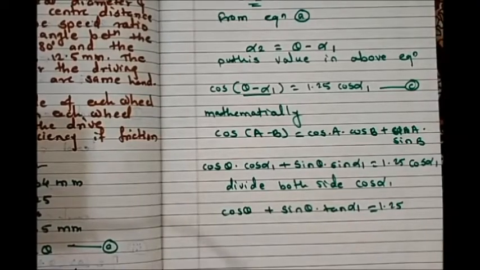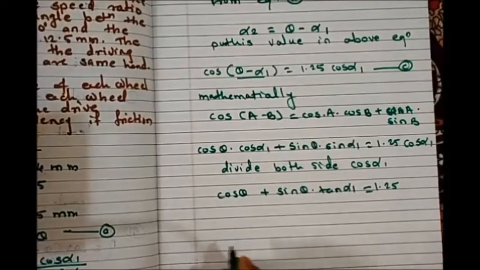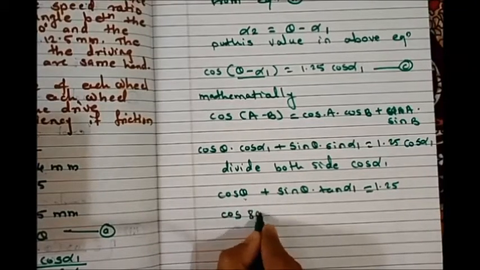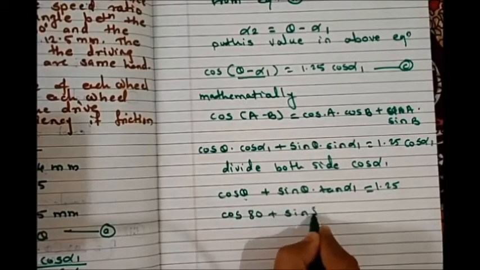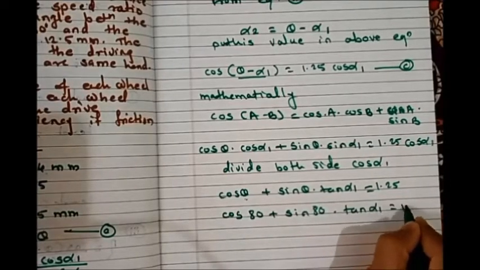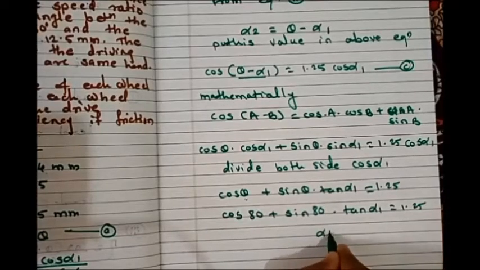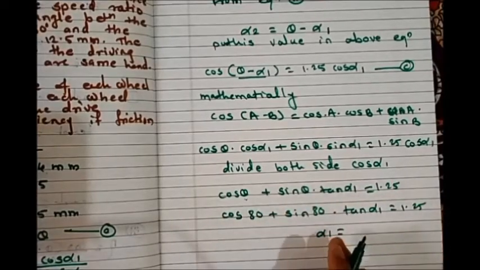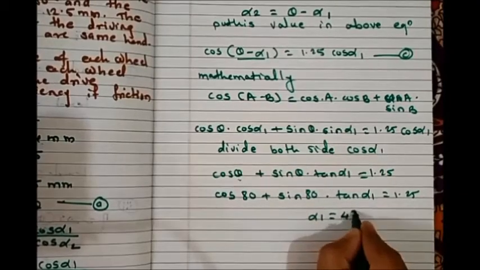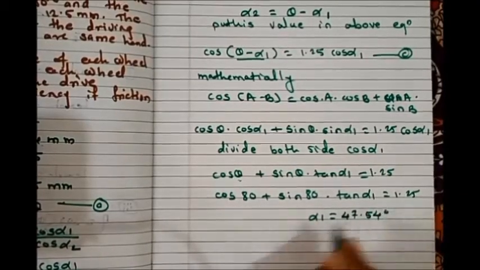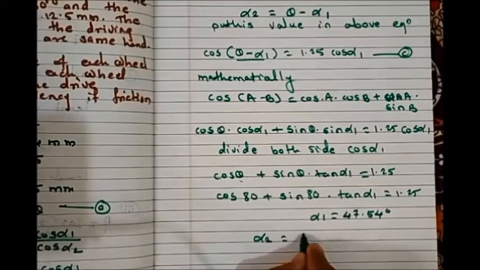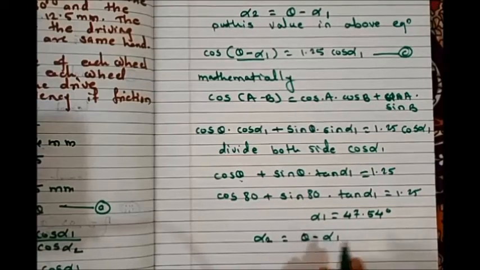Now we know the value of theta, so let's put that value: cos of 80 plus sin of 80 into tan alpha 1 is equal to 1.25. After solving this equation we get alpha 1 is equal to 47.54 degrees, and now alpha 2 is equal to theta minus alpha 1, we know that.